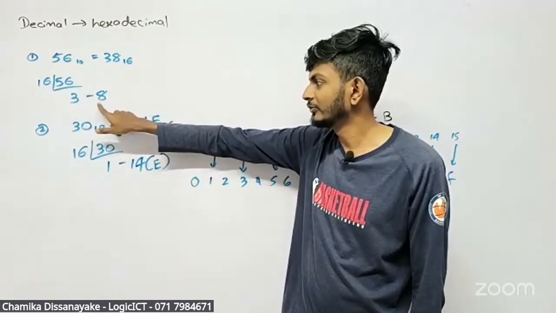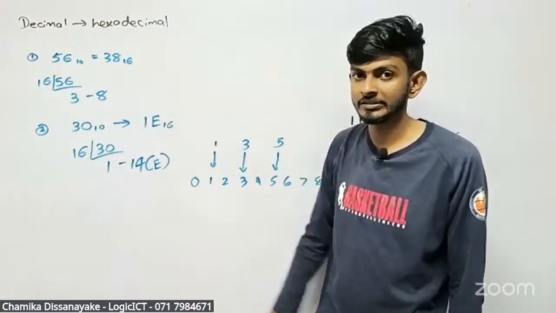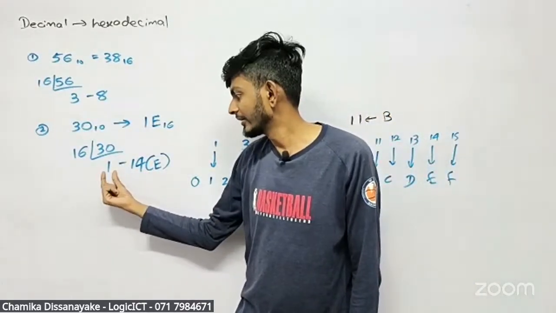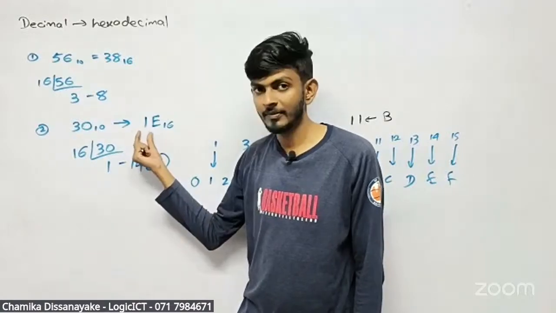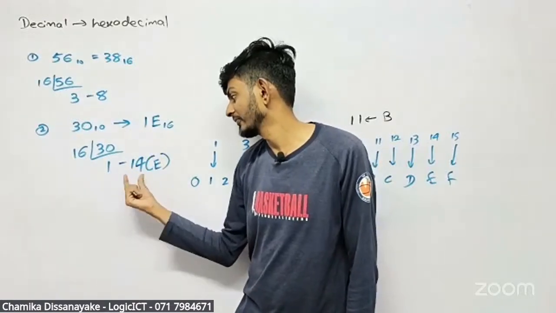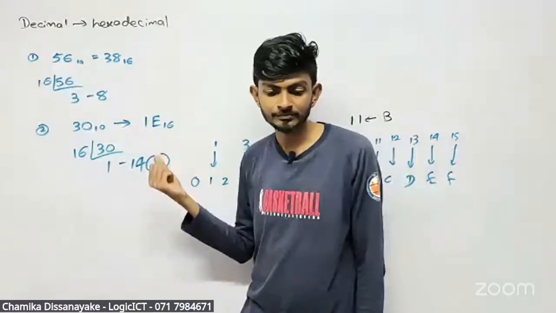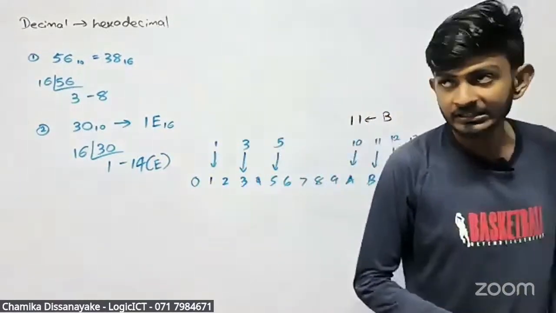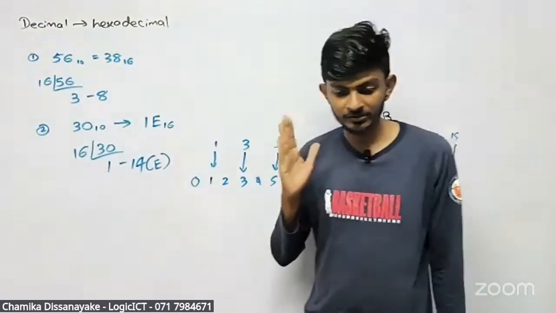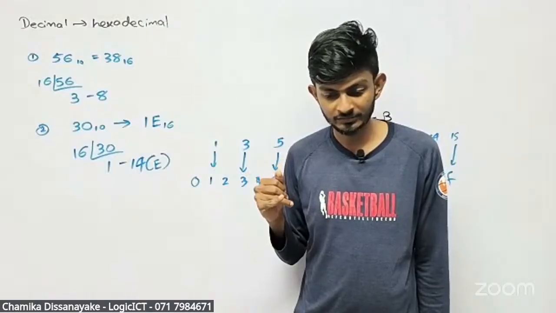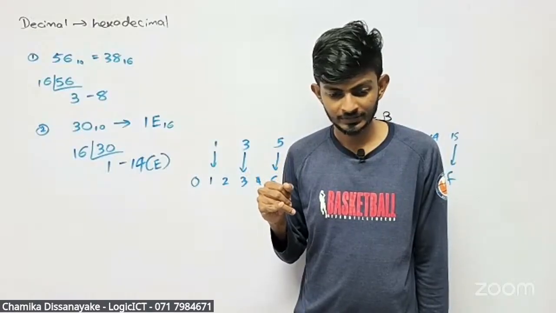We have the value of 8, the symbol is also 8. Here we have the value of 1, the symbol is 1. But in this case, we have the value of 14, the symbol will be E. That is the case when we are dealing with hexadecimal. Is this okay? Did you guys get this one?